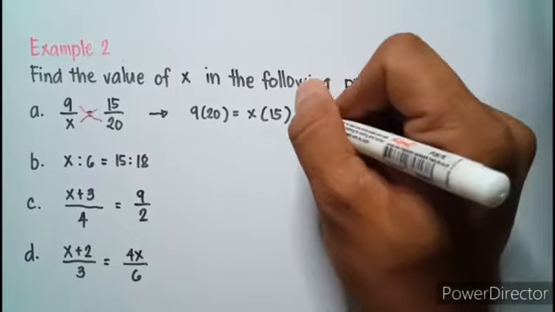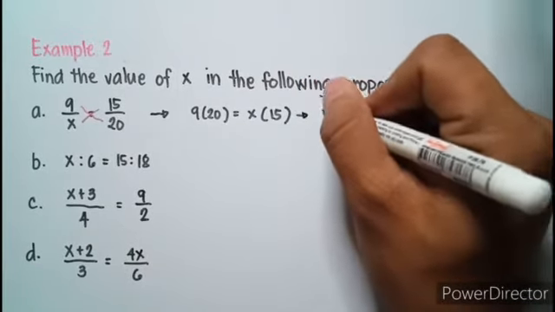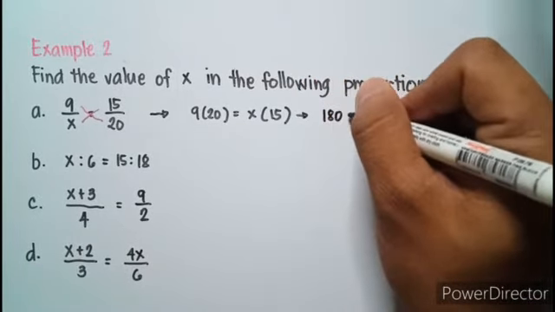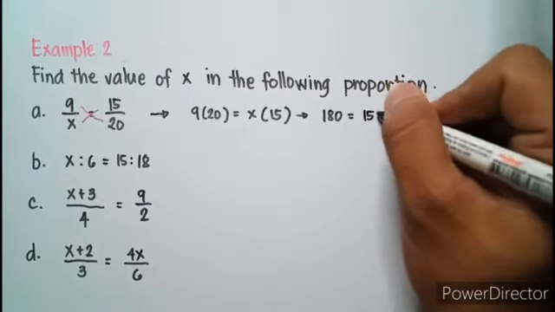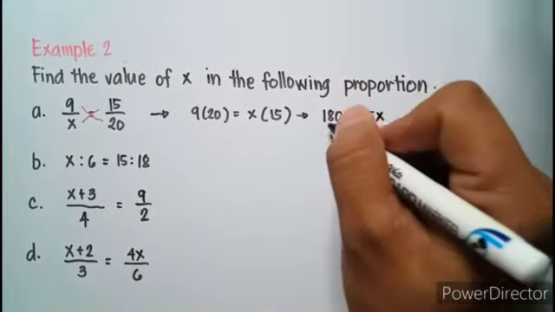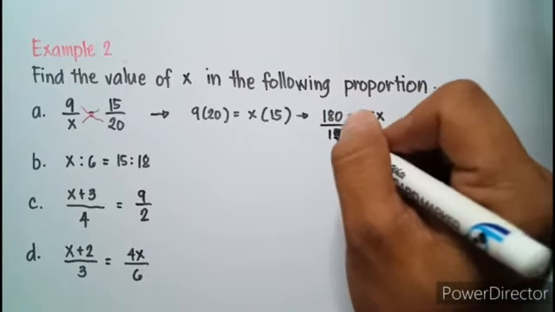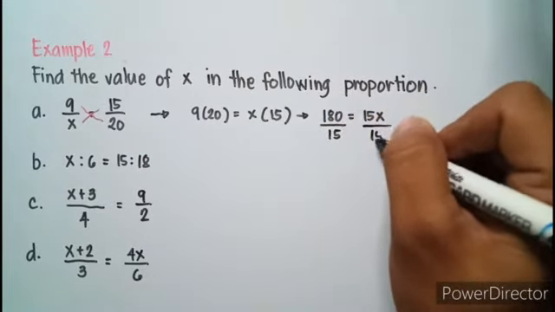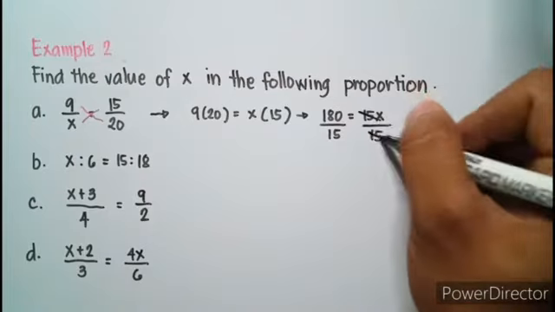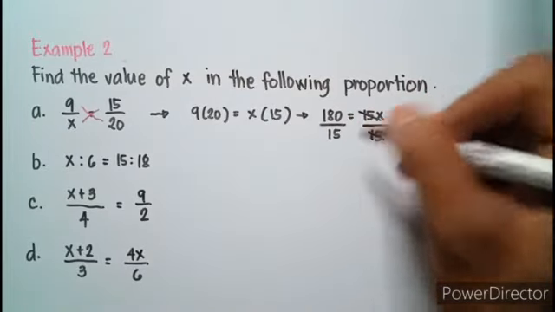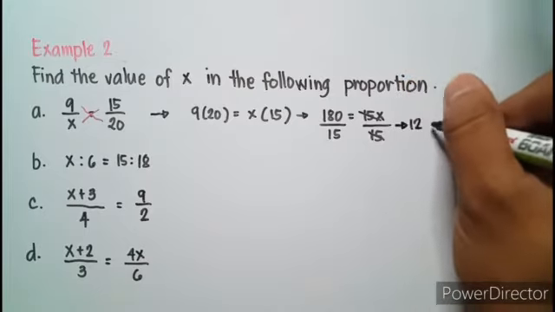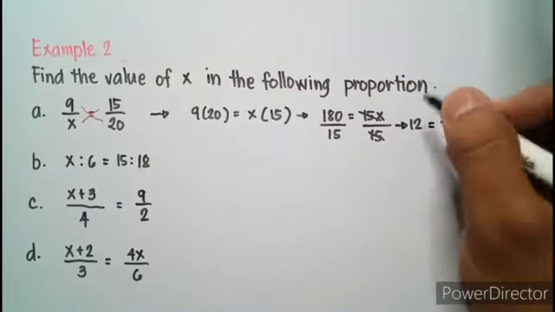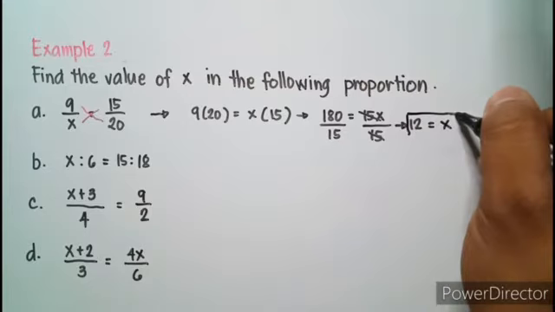So that is, 9 times 20 is 180, is equal to x times 15, which is 15x. Then we are going to divide both sides by 15. Then cancel 15. So 180 divided by 15 is 12, and is equal to x. So our x is 12.